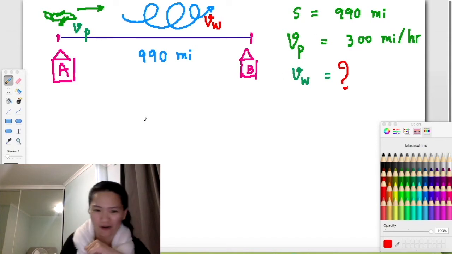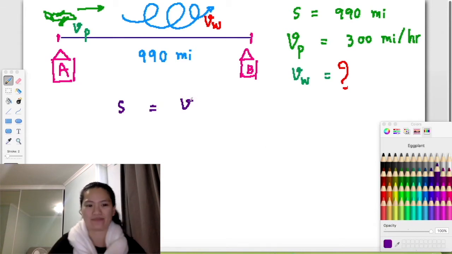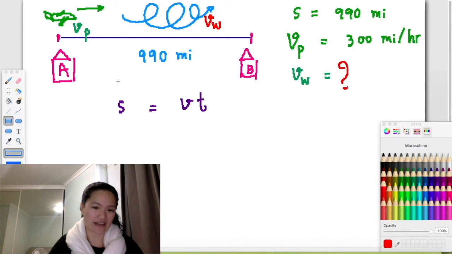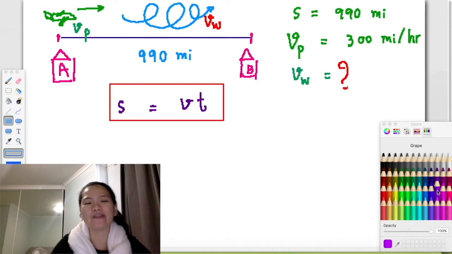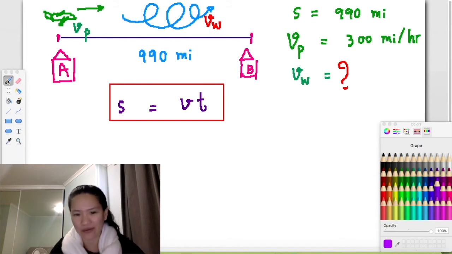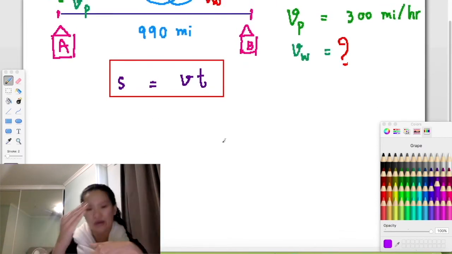Next, you remember the formula I told you? Distance equals speed or velocity multiplied by time. That one is basic knowledge that you should know. But I would like to make it easy when I solve the equation, so I just switch it.